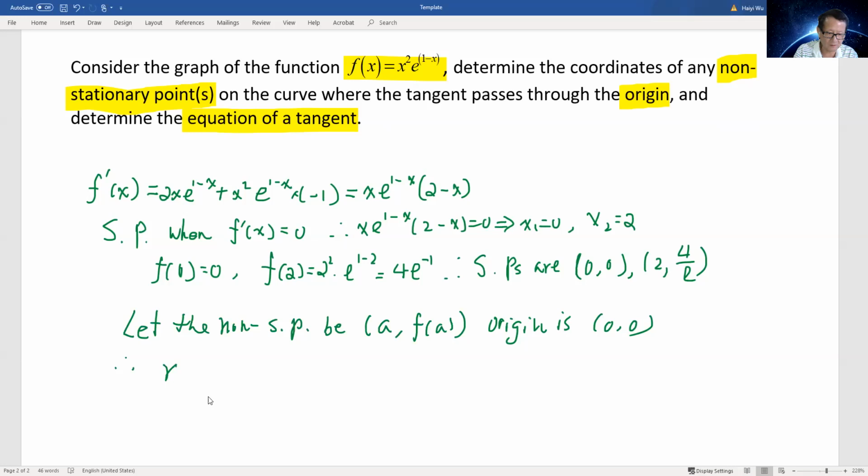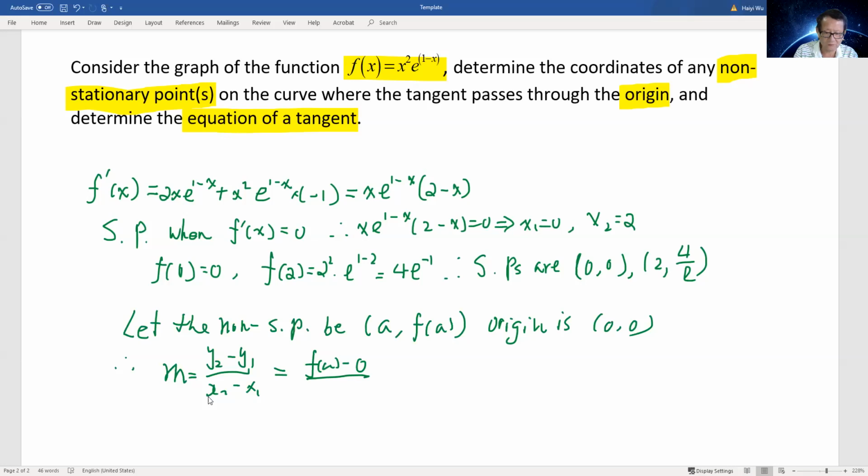So m will be y2 minus y1 divided by x2 minus x1. This is the rise over the run. The rise is y2, where we can choose f(a), minus 0, and x2.